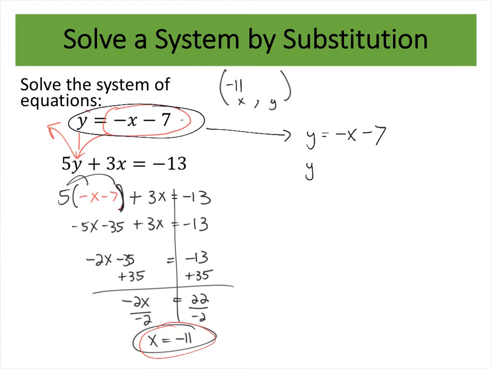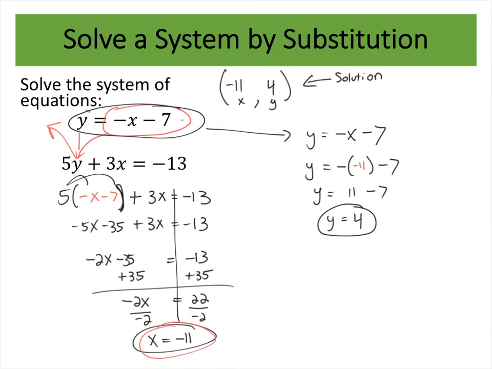So y equals negative, and x we know now is negative 11 minus 7. So our y value is 4. And this is the solution as an ordered pair of the system of equations that was presented in this problem.